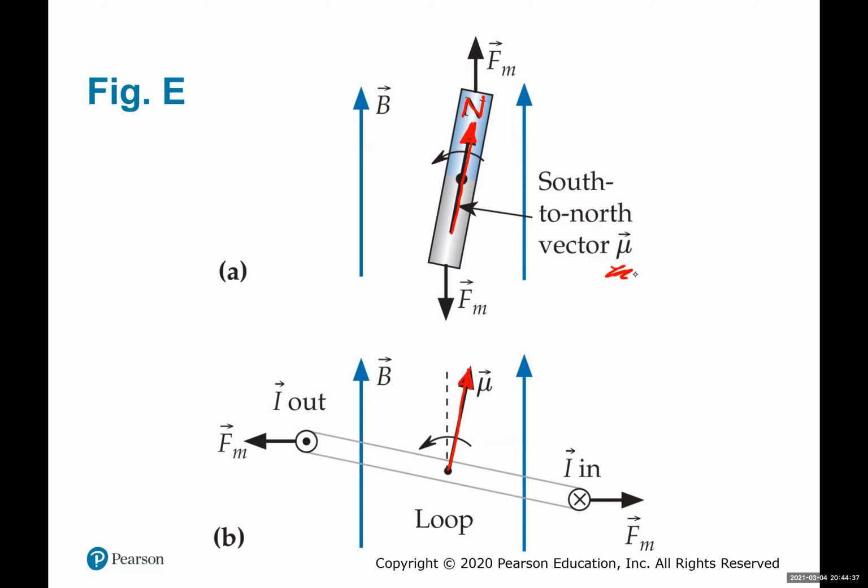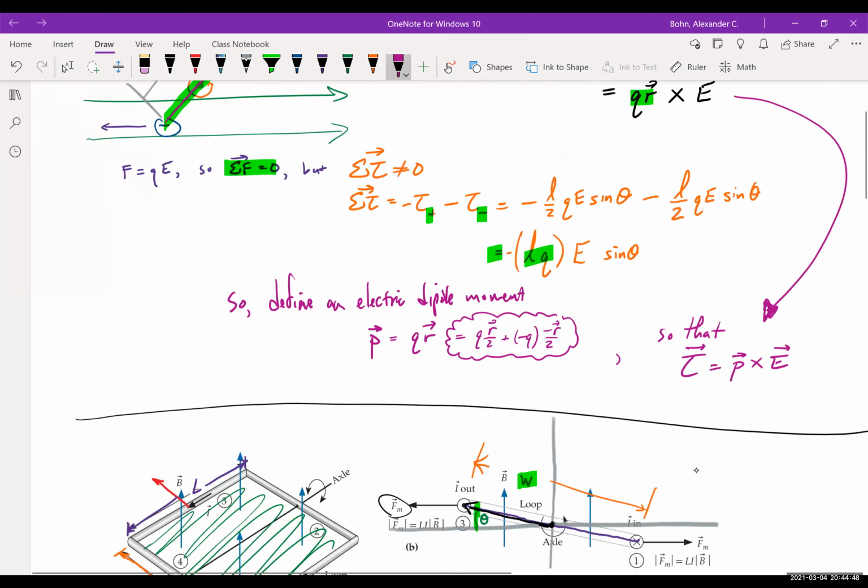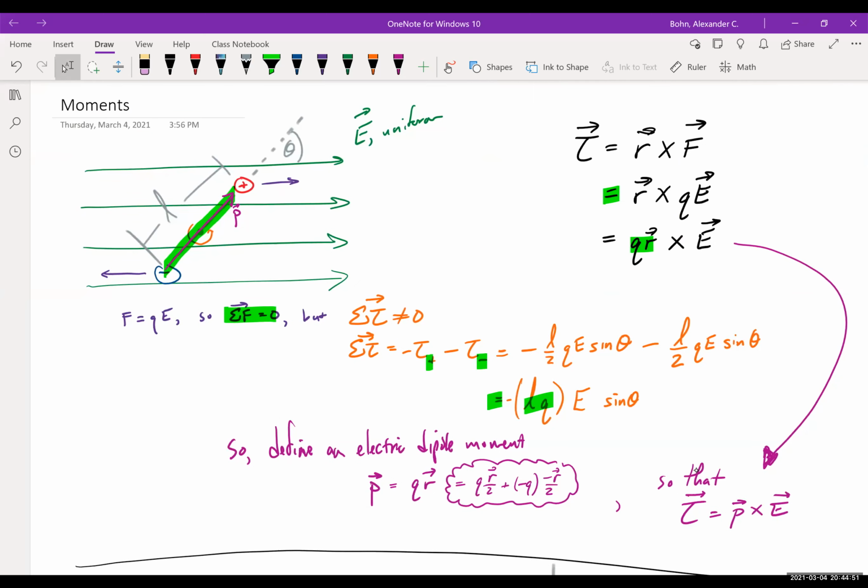Outside the magnet, the magnetic field points from north to south. This is the other way, just like we defined the electric dipole moment as the other way, from negative to positive, opposite the usual direction of the electric field. This is great. It's entirely consistent with everything we did before. This is fantastic.